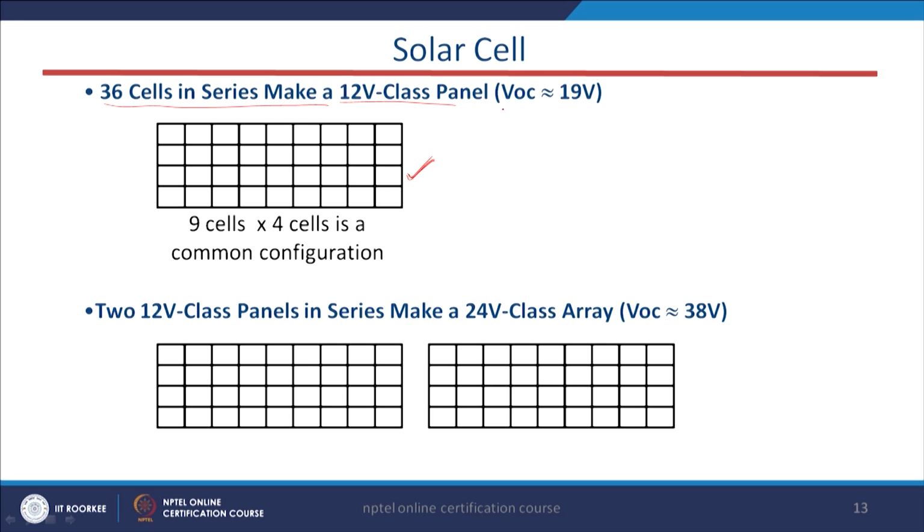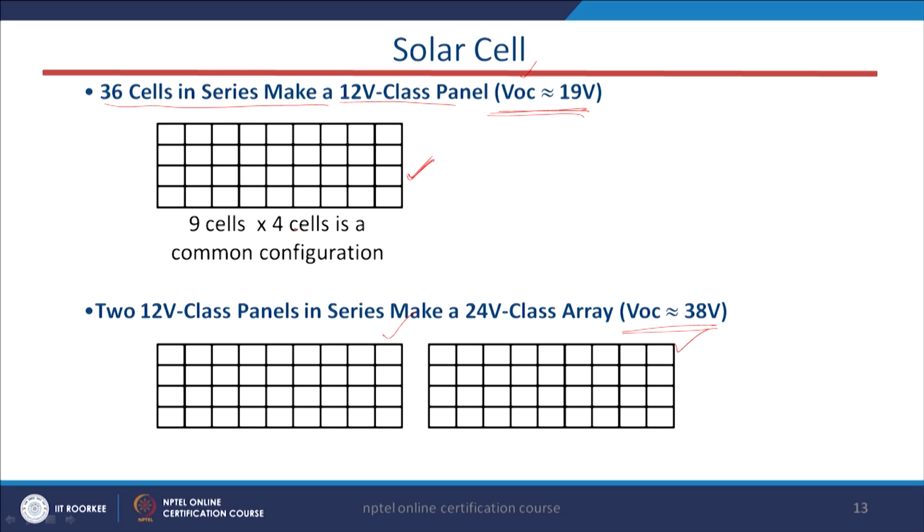I have also written here an open circuit voltage of 19 volt. We will discuss more about what the open circuit voltage is in the subsequent parts. Now, this configuration provides an open circuit voltage of 38 volt. Here, how many cells are available? You can see here in series we have 9 cells into 4.